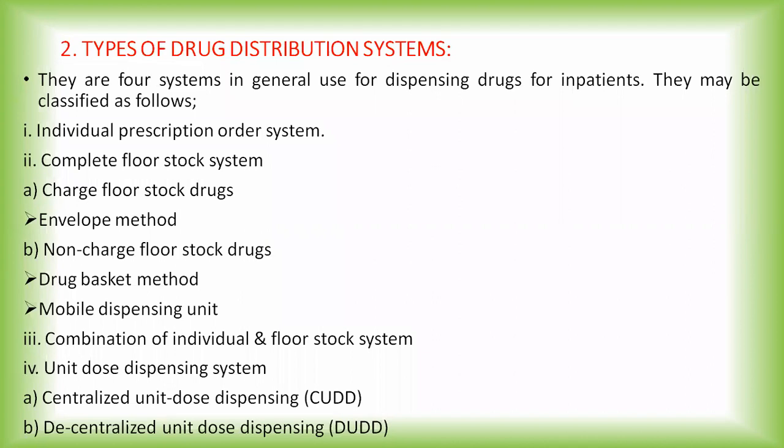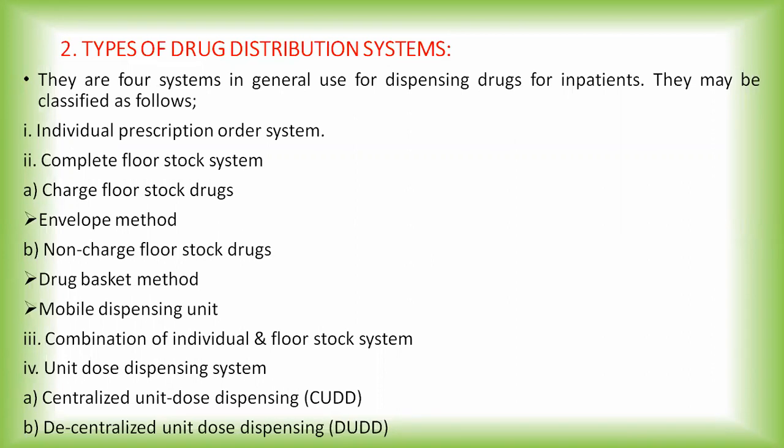When we say non-charged floor stock drugs, it means the drugs are not charged under different schemes by the government, and accordingly whatever drugs are there will be distributed by the pharmacist through either the drug basket method or the mobile dispensing unit. And third is the combination of individual and floor stock system.